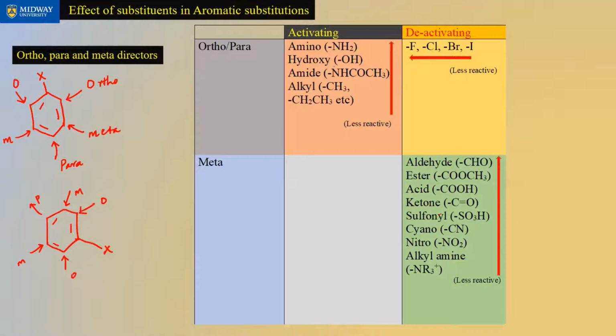Okay, now there's also another thing which we will learn later in this particular sequence: competition between, say you have 2 substituents. Then you have to determine whether the 2 substituents are activating or deactivating, or if they're both activating, then which one is better activating out of the 2.